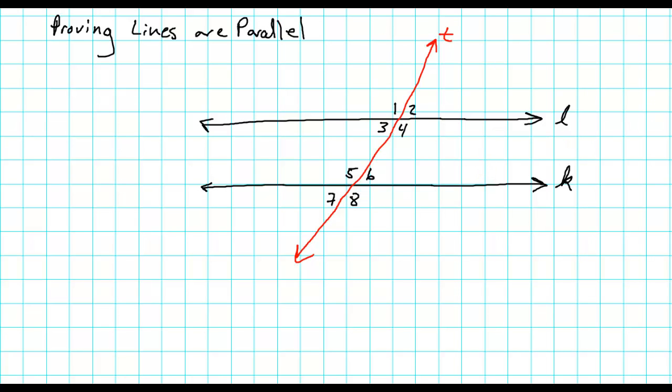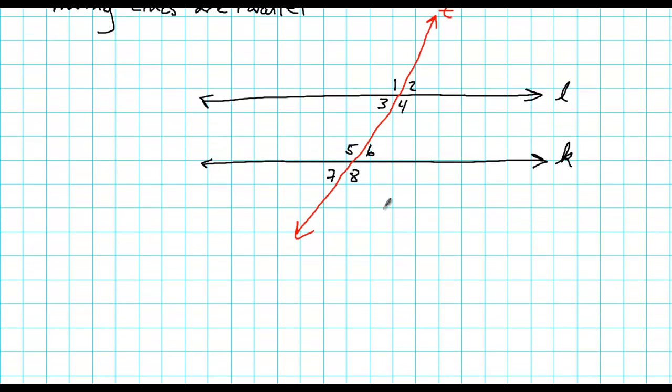Okay, I'm going to write down a statement from yesterday. I'm going to write the corresponding angles postulate. As we get more comfortable with these, we can start to abbreviate more.